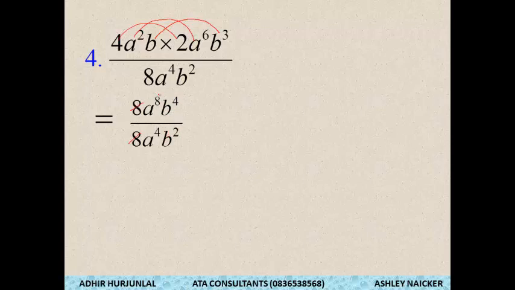So the answer that I should have is a to the 4 and b squared. Your answer should be a to the 4 multiplied by b squared. An example like this, guys, don't expect too many marks. Maximum should be around 3 marks for an example like this.